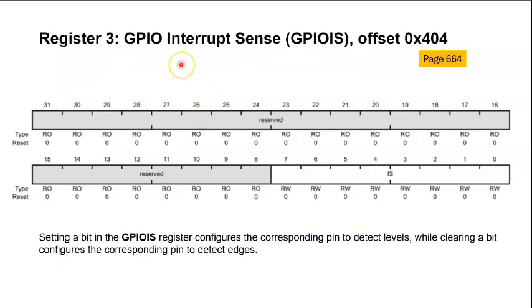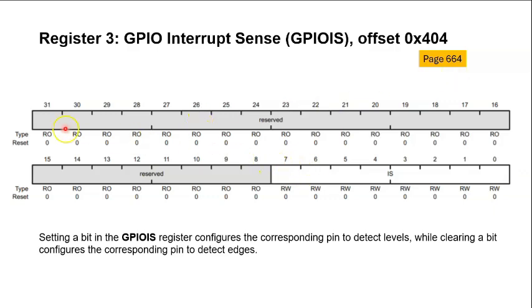And here is the GPIO interrupt sense register. GPIO IS has an offset of 404, and I've taken this diagram from page 664 of the data sheet.